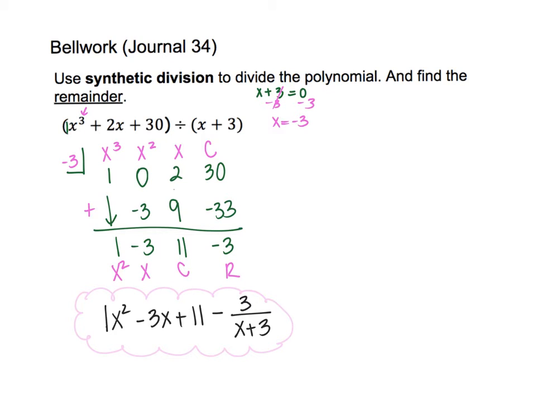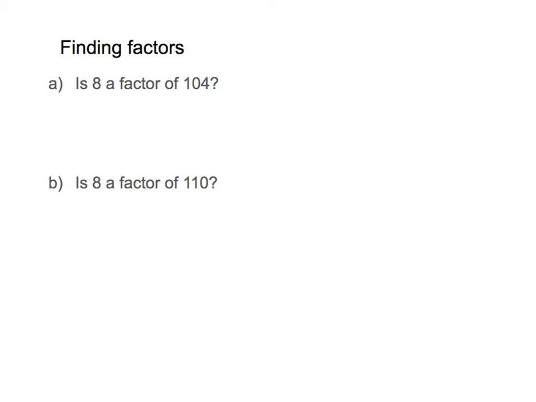Okay, so in the next slide, we're going to talk about factors and how to test if something is a factor or not. This is just the idea of factors in general, so you don't really need any Algebra 2 here to figure this part out, just some elementary math.